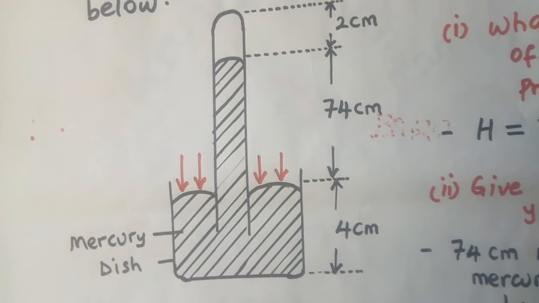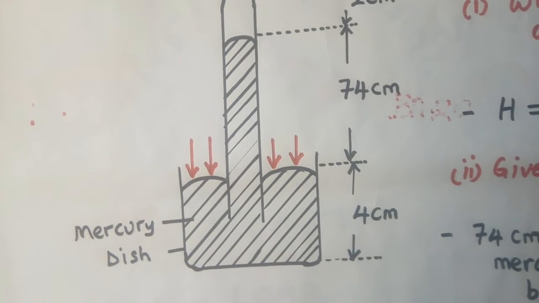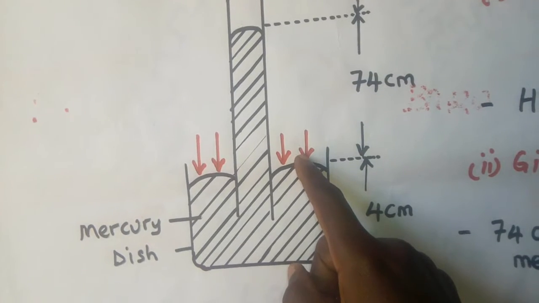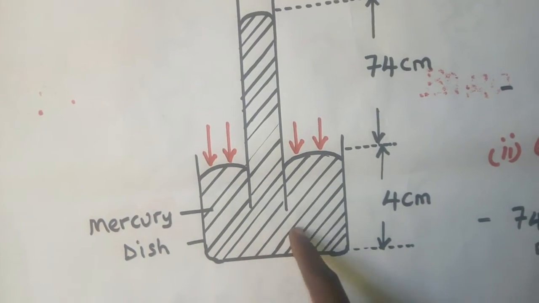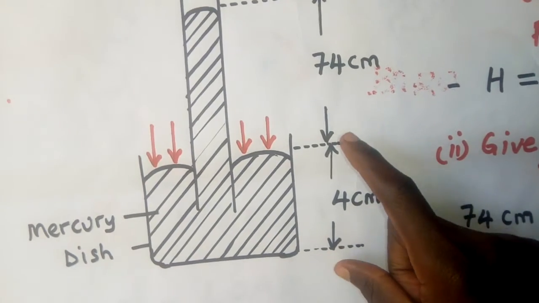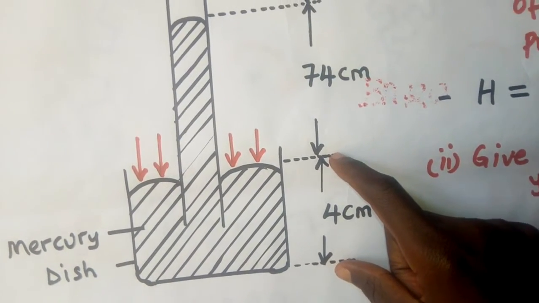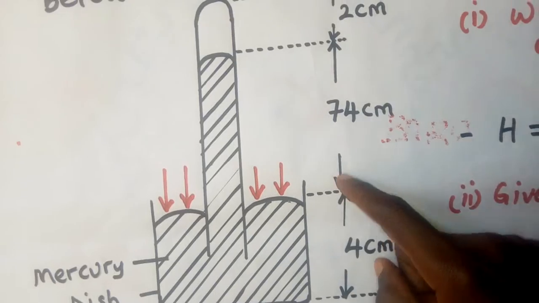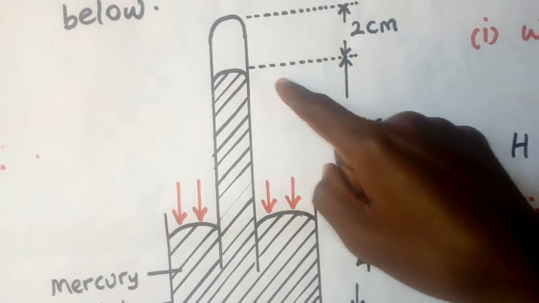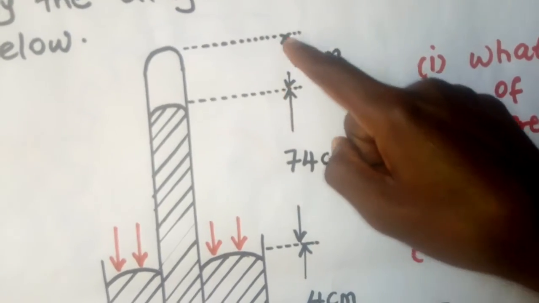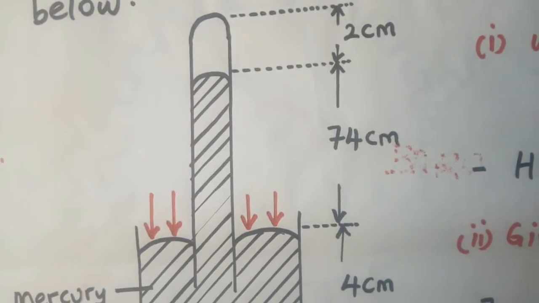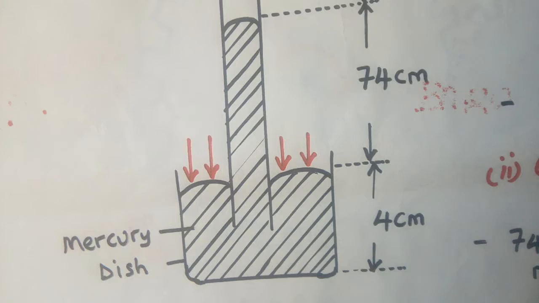Okay, so there is atmospheric pressure here, there is mercury inside, and this is a dish. The distance from here up to here is 4 centimeters. From here up to this level is 74 centimeters. From here up to there is 2 centimeters. And inside there is mercury in the dish.